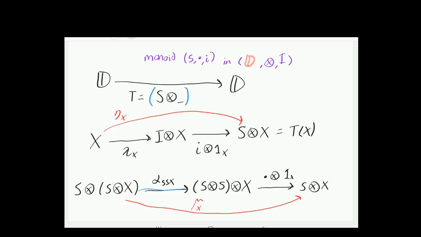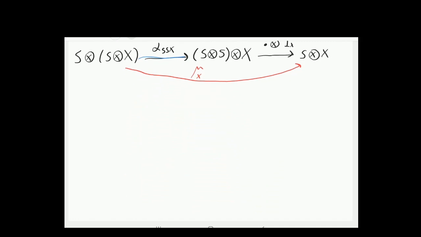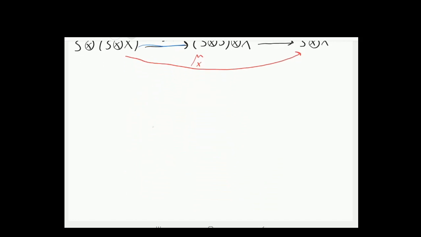So let's see if we can draw that quickly. We'll think about the category Cat, which has objects that are categories. We'll pick an object, our C, for example, and now we look at the endofunctors of that category. So here's a functor from C to C, and here's another functor from C to C.